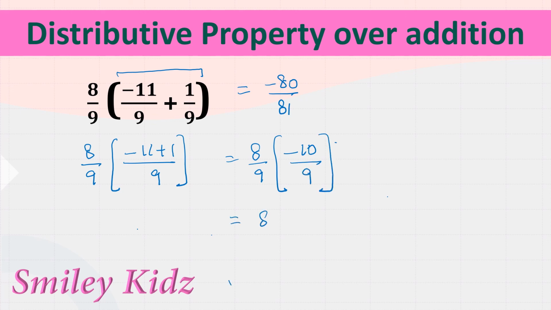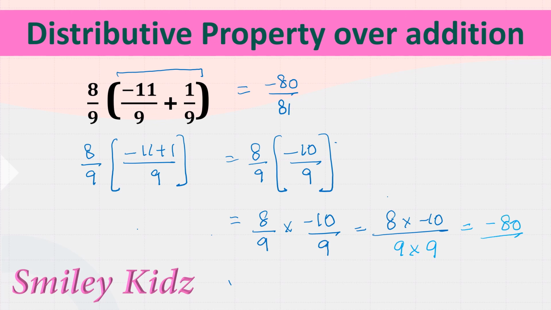Now we'll be removing the brackets. 8 by 9 multiplied by minus 10 by 9. So now let's multiply 8 multiplied by minus 10 by 9 multiplied by 9, which is equal to minus 80 by 81. Both here are same. This is the distributive property over addition.